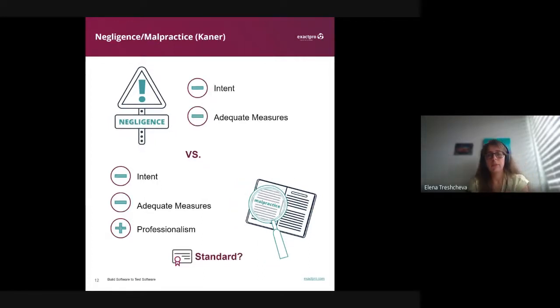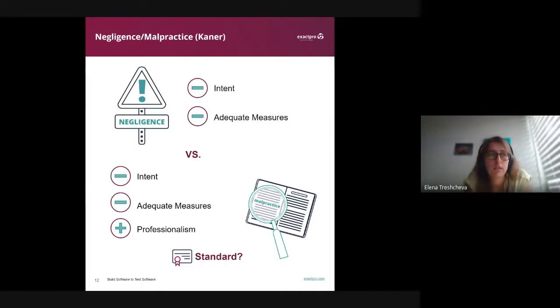For example, if we claim that we have a certification in some area, if we are certified to test something, there is a higher probability that we will be sued for malpractice rather than negligence.